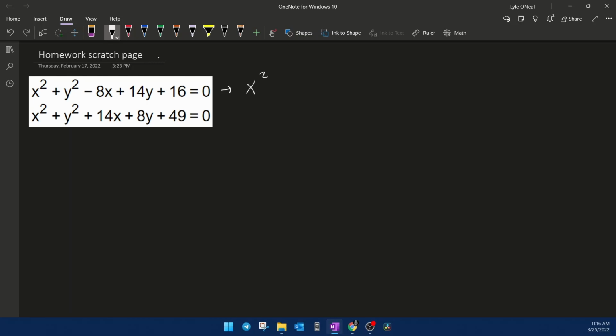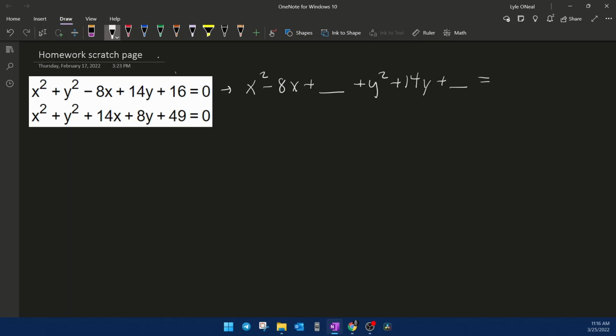I've got an x squared minus 8x plus, and I'm going to leave a blank for the constant that completes the square for the x's, plus y squared plus 14y plus another blank because we need another constant to complete the square for the y's, equal.